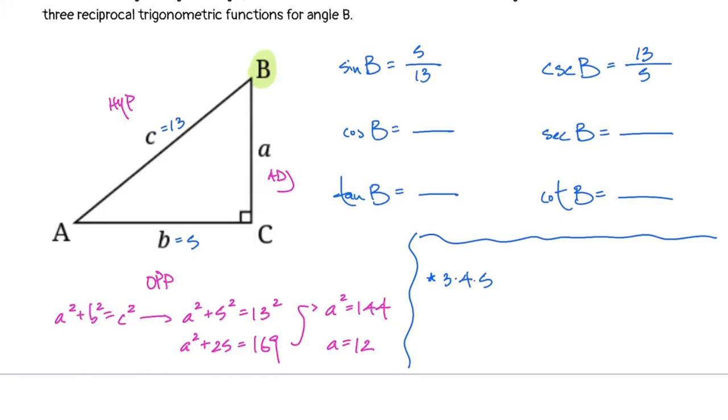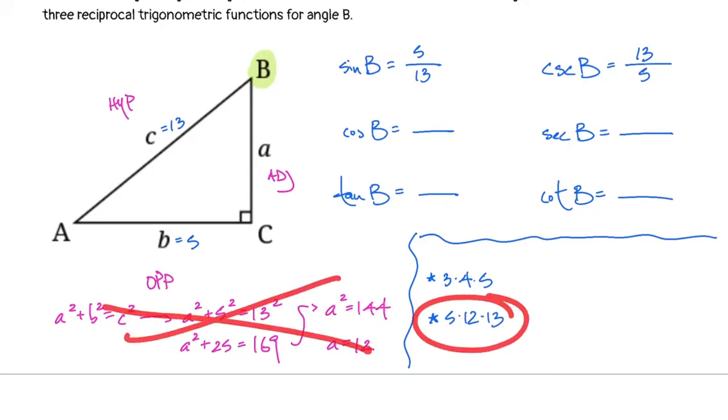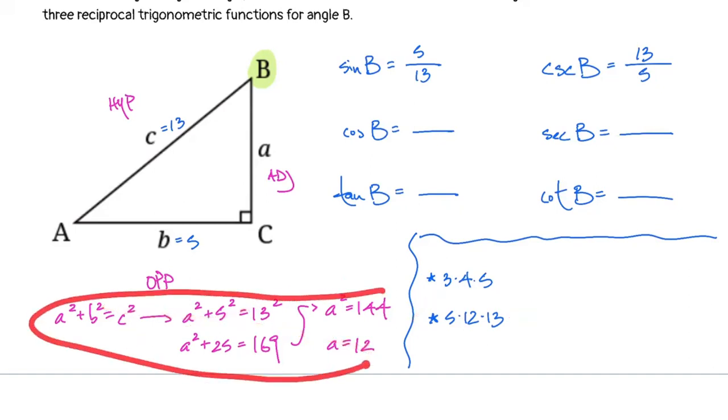But this one right here, I picked it because 5, 12, 13 is another nice Pythagorean triple, right? So if you know it's a 5, 12, 13, you don't need to do that work, right? Look at how much ink you saved. But if you want to practice this for a bit until you convince yourself that you know the 5, 12, 13, awesome.